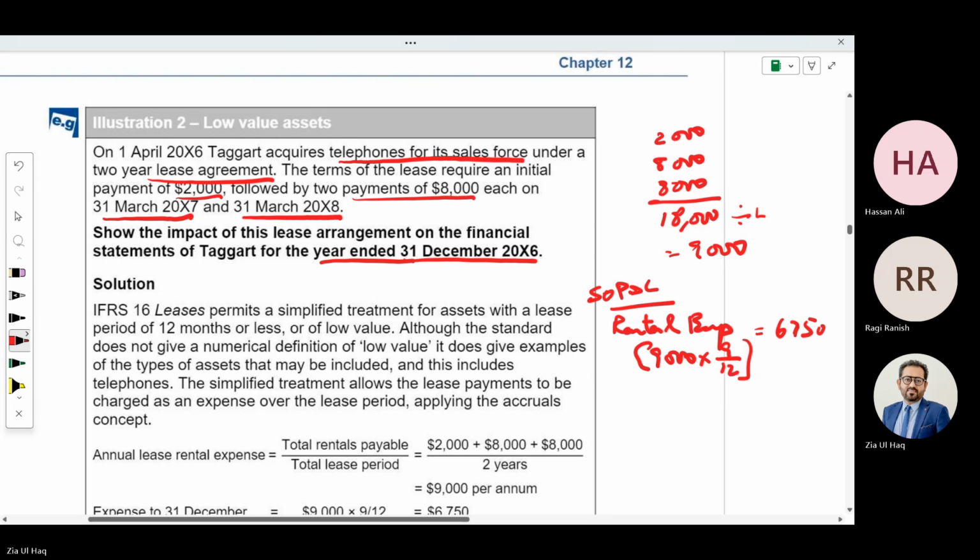But have you paid 6,750 completely during the year? How much have you paid? The remaining 4,750 you need to record as a liability. Where?